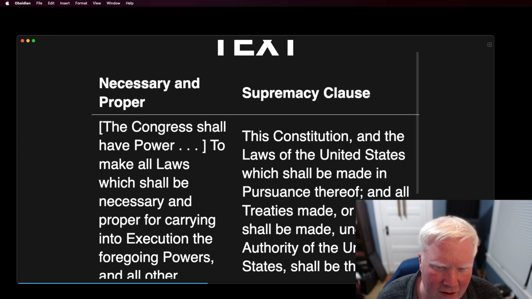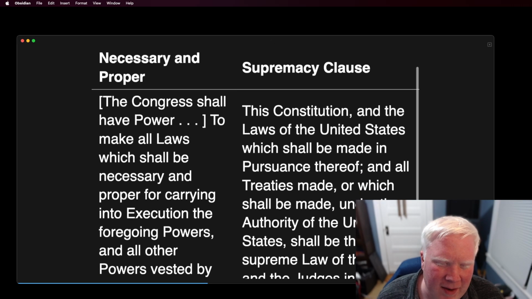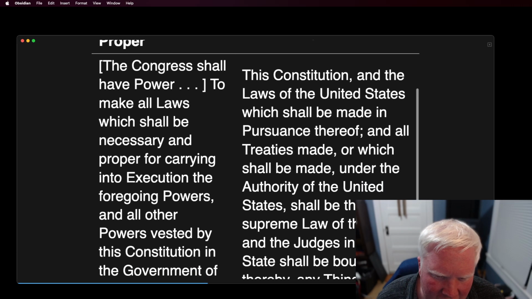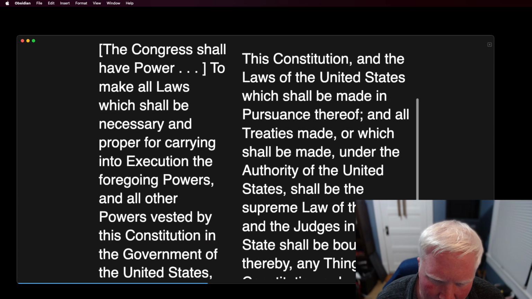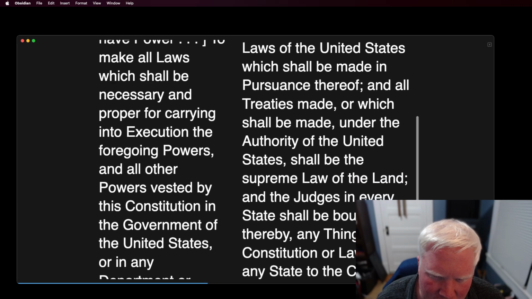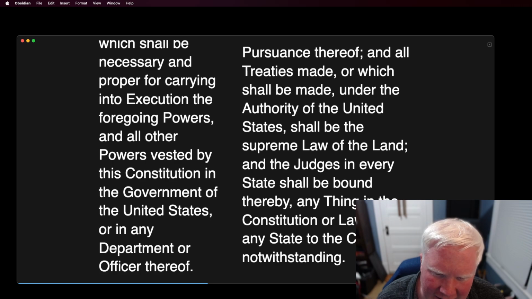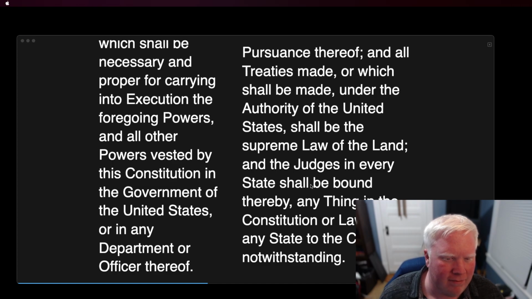The Supremacy Clause: the Constitution and the laws of the United States which shall be made in pursuance thereof, and all treaties made or which shall be made under the authority of the United States, shall be the supreme law of the land, and the judges in every state shall be bound thereby, anything in the Constitution or laws of any state to the contrary notwithstanding.